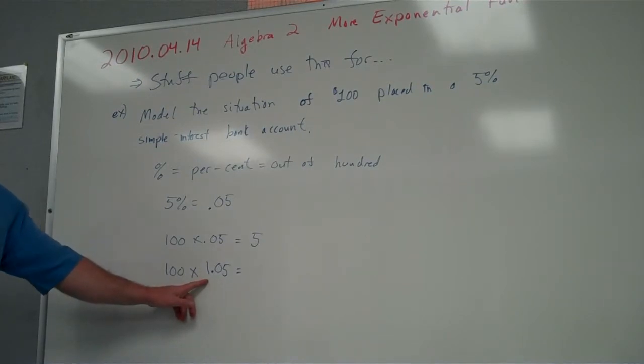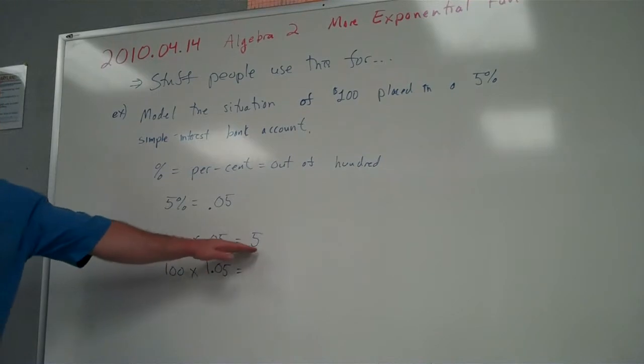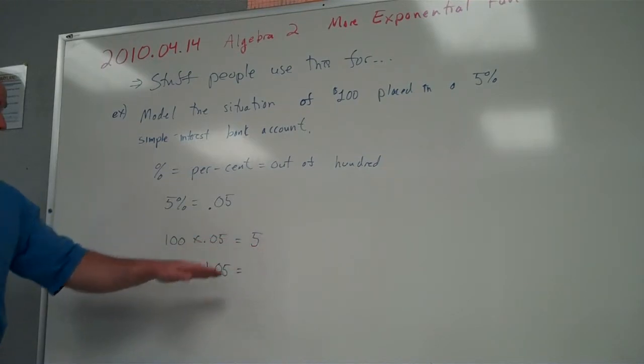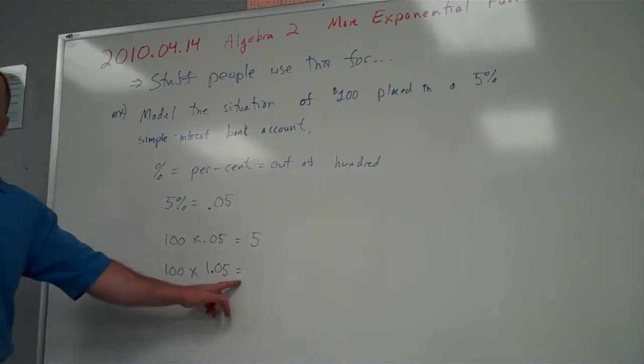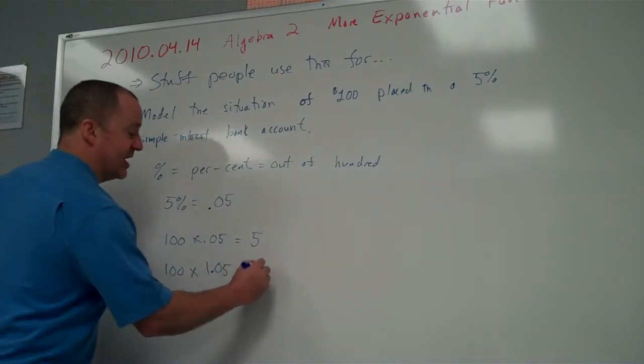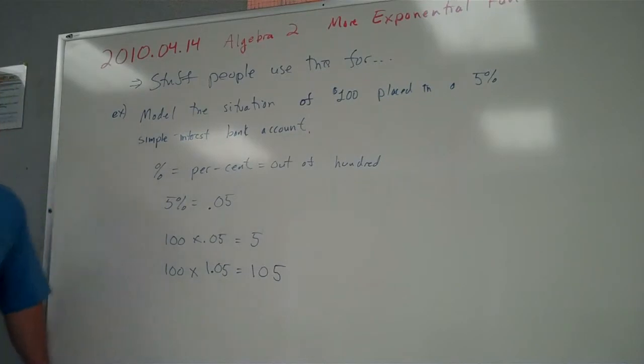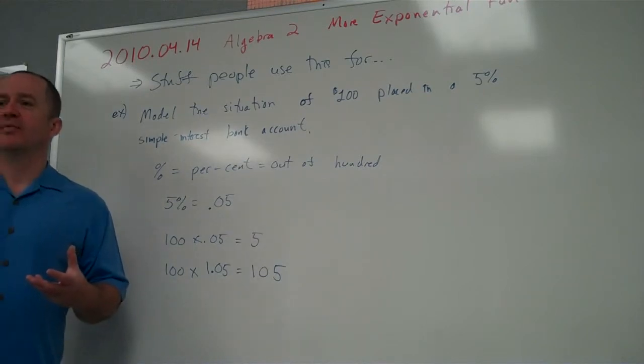And 100 times 0.05, we just said, is 5, right? Well, 100 times 1.05, like scientific notation, just move the decimal twice. This gets me 105.